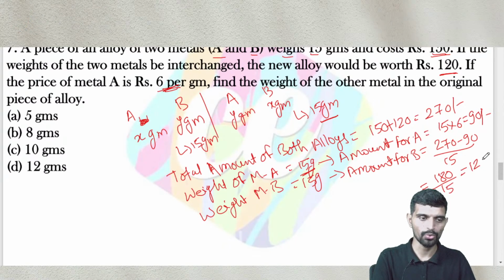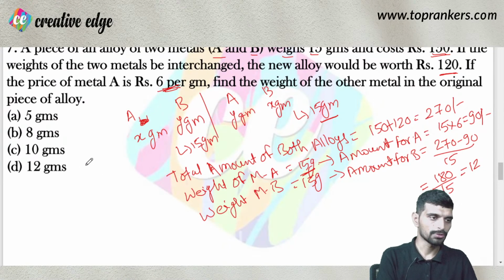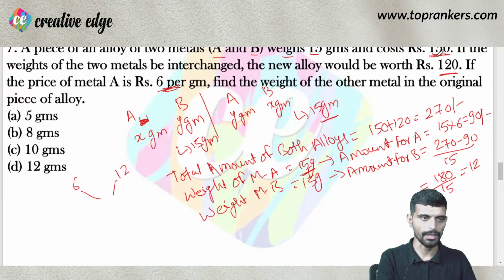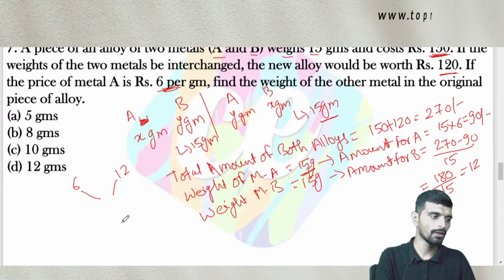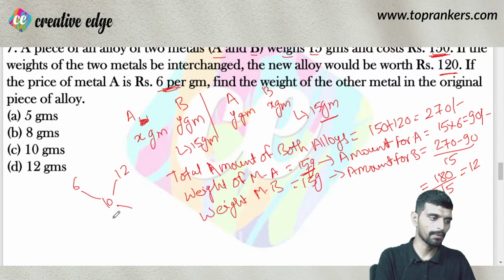So that gives you 12. So this is the rate, and after getting the rate, I can apply the allegation method, because the rate for the original alloy was 150 and weight was 15. So the rate will be 10 rupees per gram, right?